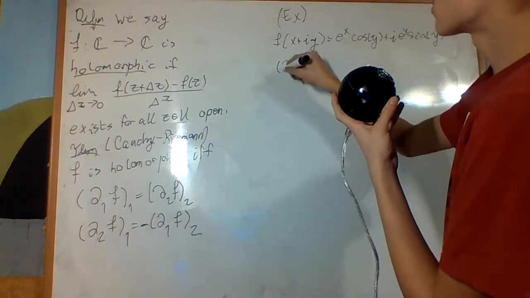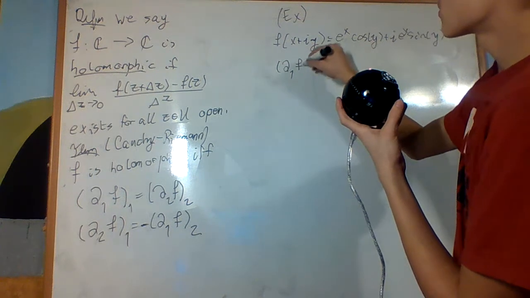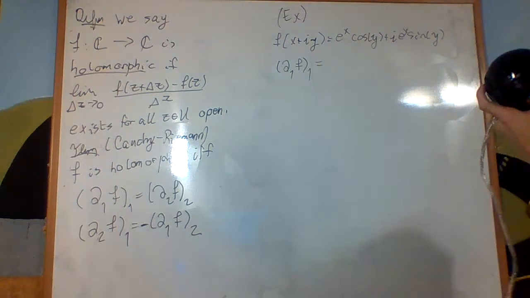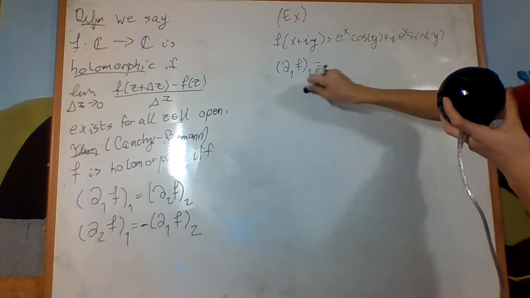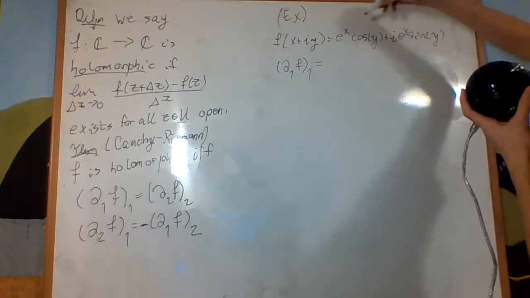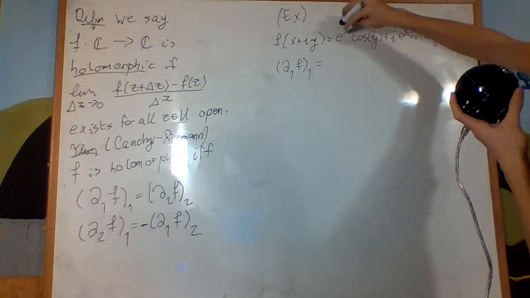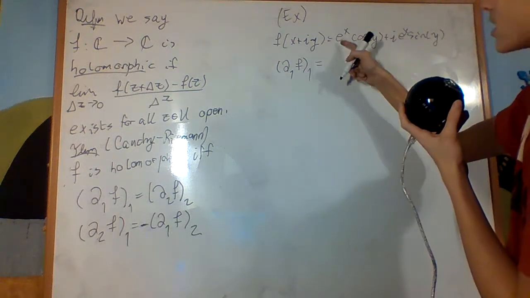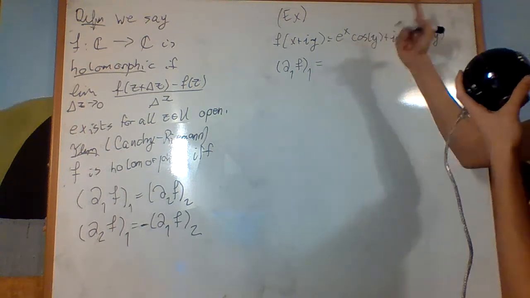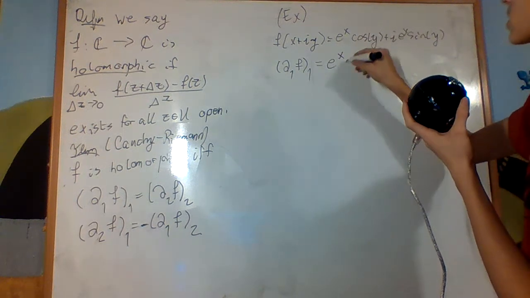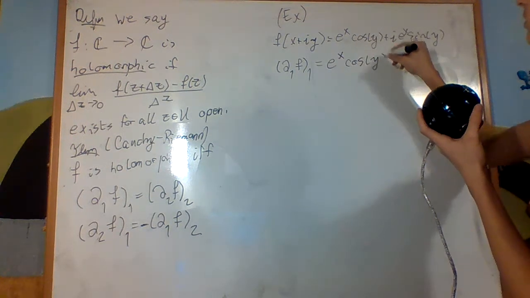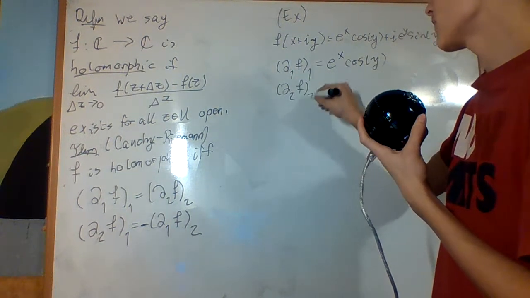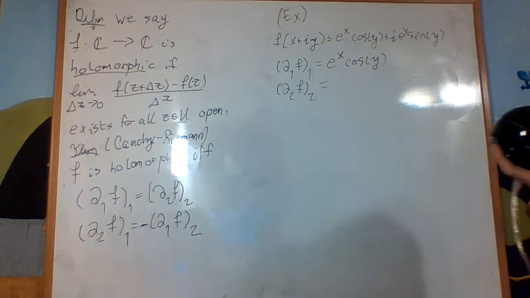Well, the partial derivative in respect to the first component of f, first component, what's that going to be? Well, e to the x stays the same, so it's going to be e to the x cosine of y. That's the first component. Okay, then the partial derivative in respect to the second component of f, second component.